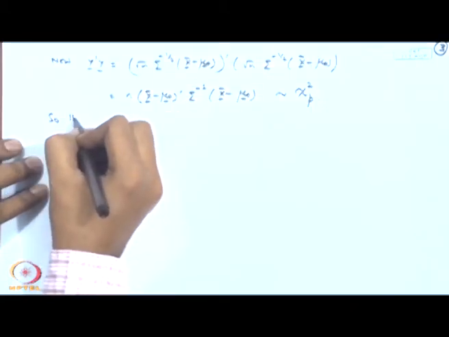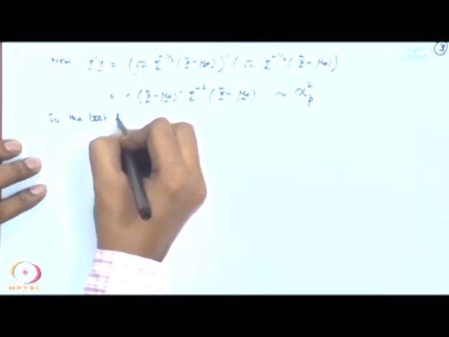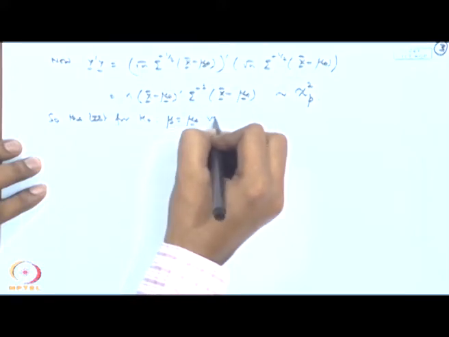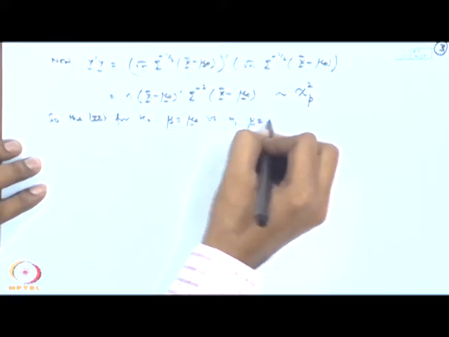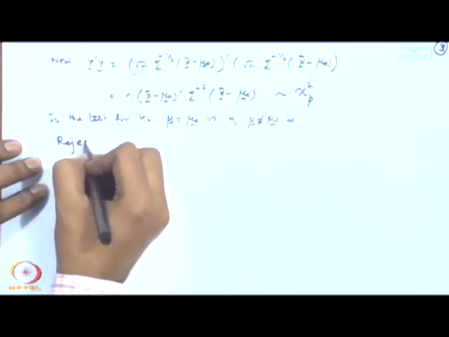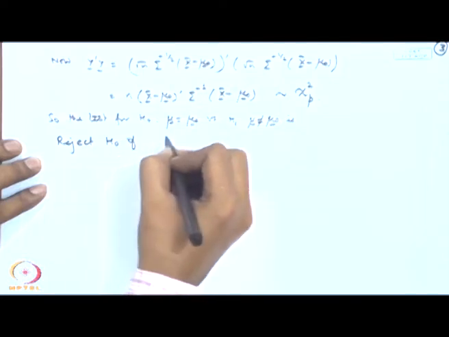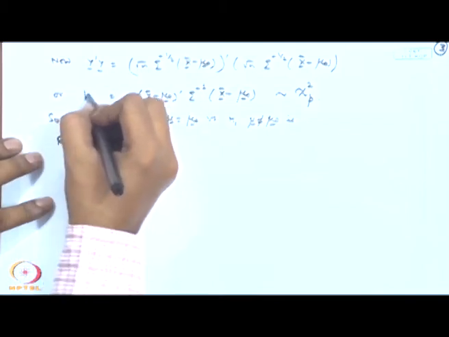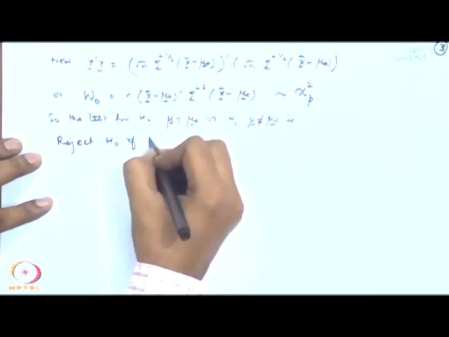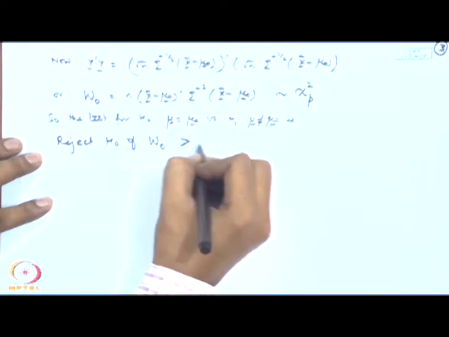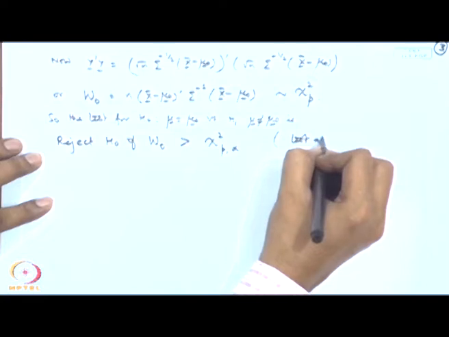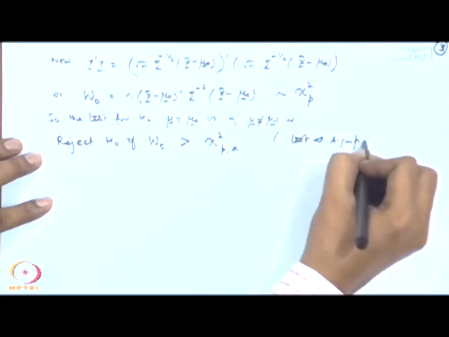So, the test for H naught: mu is equal to mu naught against mu is not equal to mu naught is: reject H naught if this value, let us call it w naught, w naught is greater than chi square p alpha at significance level alpha.